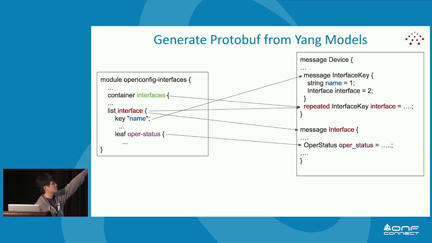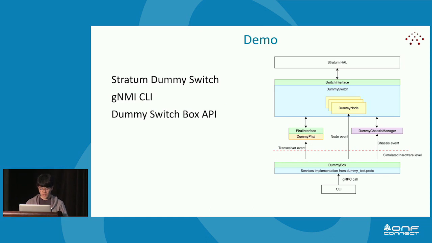And for some lists with a key, it will generate an interface key. We have repeated interface key with the actual key and the interface itself. Then we have things like, for example, operation status. It will just map to an enum with this message inside.